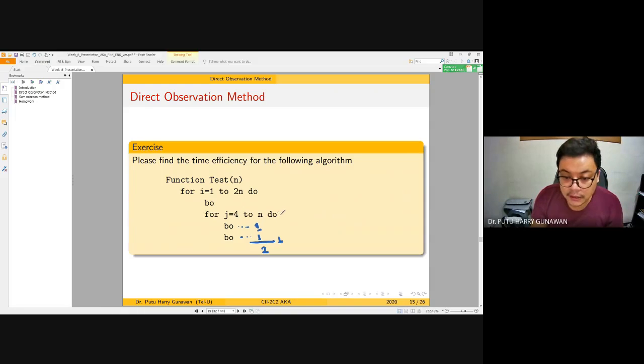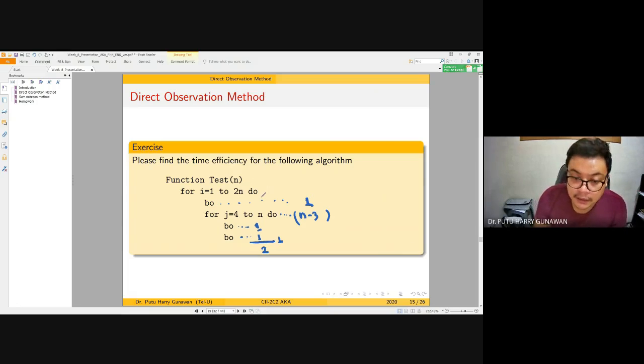And the fourth one is in a different level. So in a different level, from 4 to n, this is n minus 4 plus 1, so it should be n minus 3. Okay. And outside of this we have another basic operation, which is at the same level, so it should be 1.